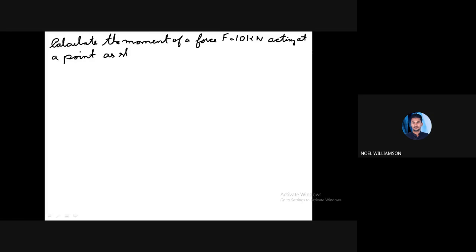Calculate the moment of a force F equal to 10 kilonewton acting at a point, as shown in the figure.